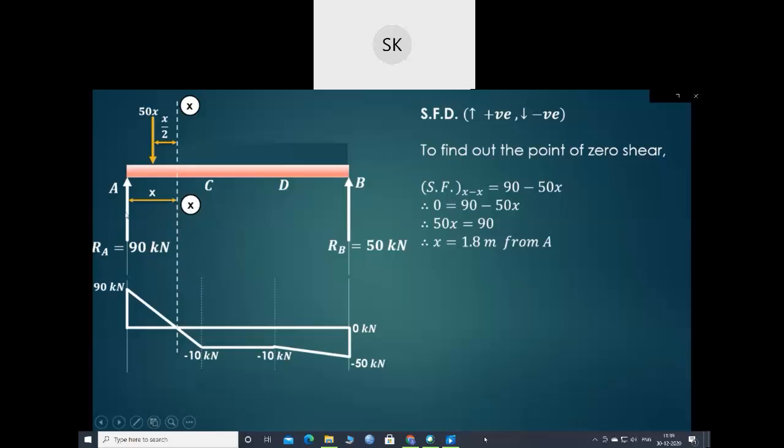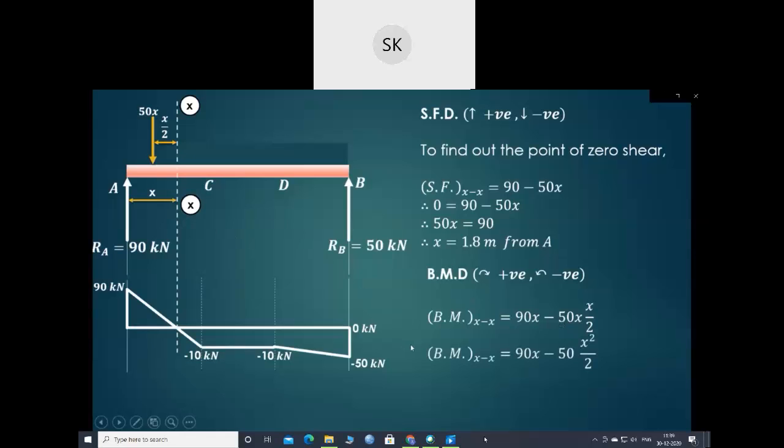So consider all the forces on the left hand side of this x-x. 90, which is the reaction RA, will produce clockwise moment about section x-x, so it is 90 into x, and this 50x will produce anti-clockwise moment, so it is 50 into x by 2, that is negative because it is producing anti-clockwise moment.